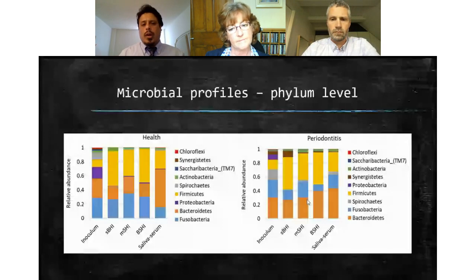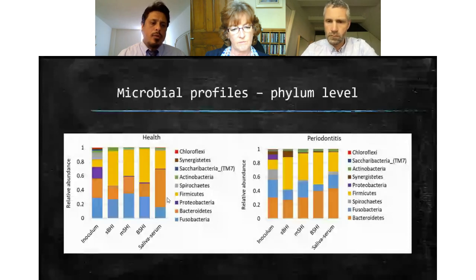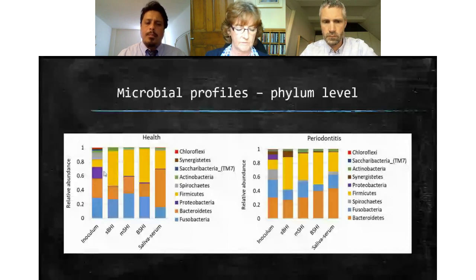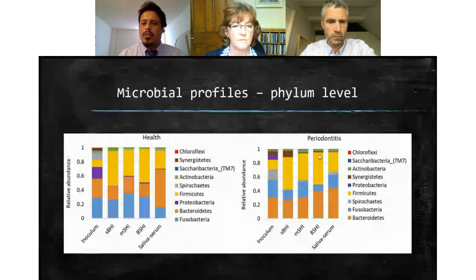Now, this figure just shows the microbial profiles in the in vitro microbiomes derived from health and peritonitis and the corresponding clinical inocula. And you can see that we managed to capture most of the phyla in the original sample. Maybe the only exception was Proteobacteria, which was underrepresented in the microbiomes. Spirochetes did not grow well when we grew them from the health-associated inocula, but in the peritonitis-derived microbiomes, at least in some of the media, particularly saliva serum, they were able to grow.